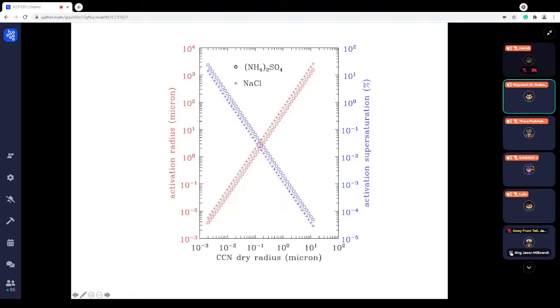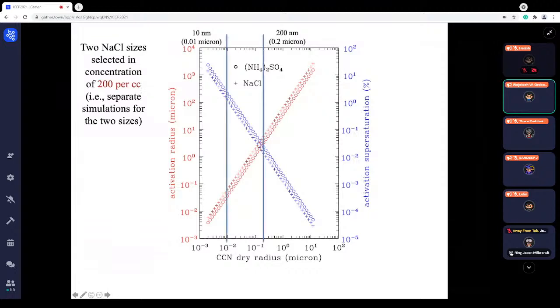So in this study, what I decided to do is to just look at two classes. First of all, pick up the sea salt, and then look at two sizes, 10 microns and 200 microns. That's what I would argue is a sensible limit in natural CCN. Of course, we sometimes get larger ones, but then they often don't get activated, because for those large ones the radius can be tens or even hundreds of microns, and they may never activate.